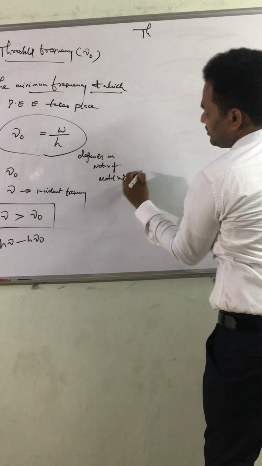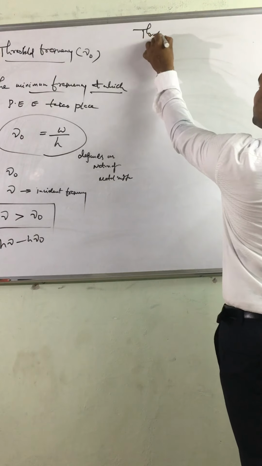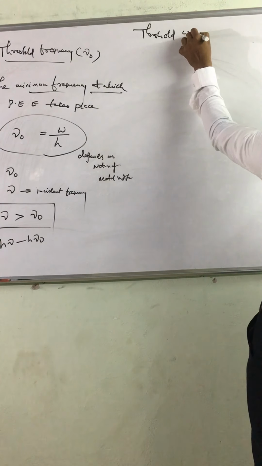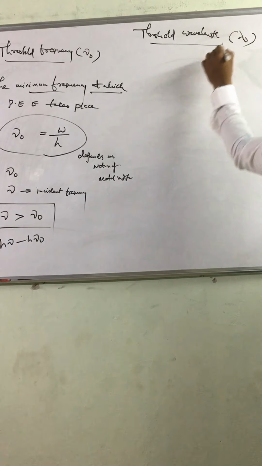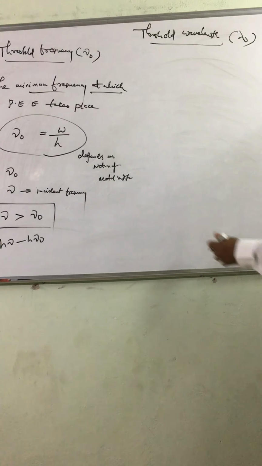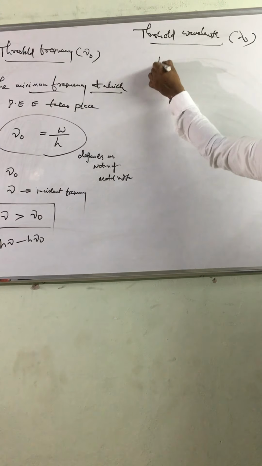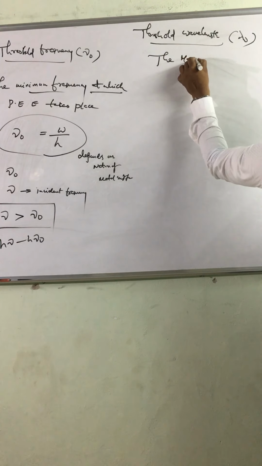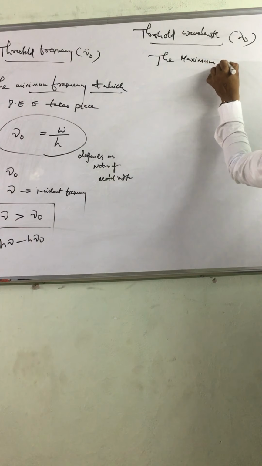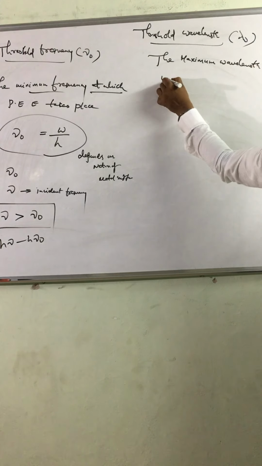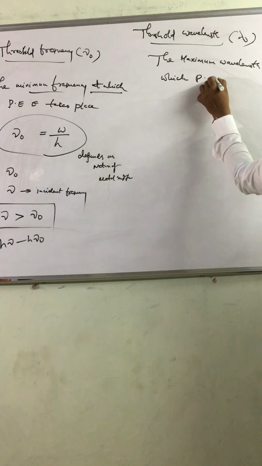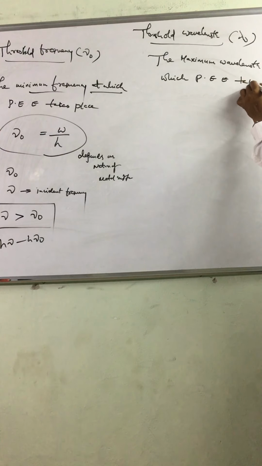Now we are going to discuss threshold wavelength, lambda naught. Threshold means starting. Here it is the minimum frequency or the maximum wavelength at which photoelectric emission takes place.